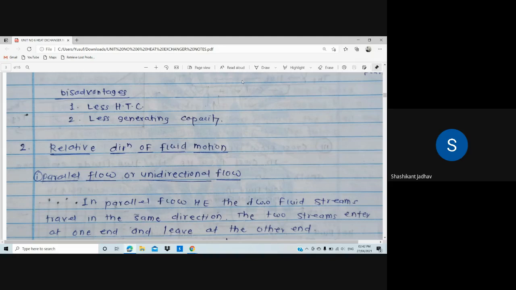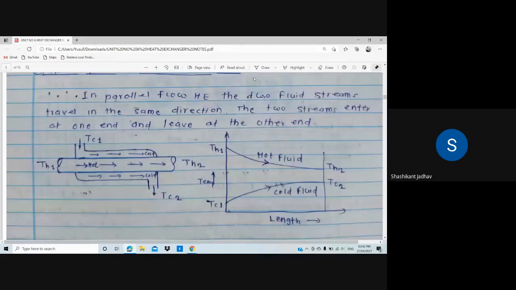So write down first, parallel flow or unidirectional flow heat exchanger. Okay, तर parallel flow heat exchanger कशाला म्हणायचं, what is the meaning of the parallel flow heat exchanger? Okay, so in parallel flow heat exchanger the two fluid streams travel in the same direction.